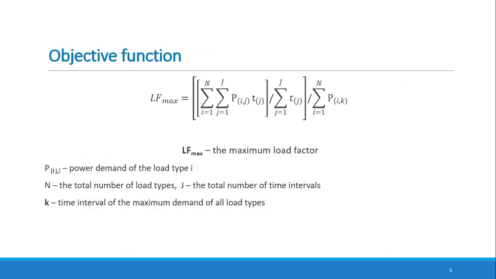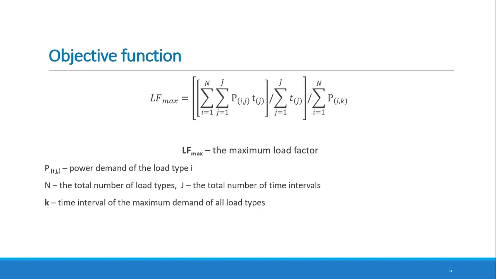So the objective function: the idea that we had in the previous slide, what is a load factor? Load factor is defined as the average load divided by the peak load, or the peak load divided by the maximum load. So this is the representation of an objective function, where we discuss the power demand of a specific load type. The N in this equation shows the total number of load types.